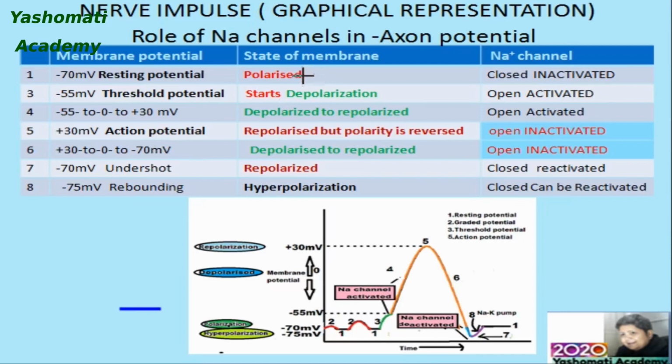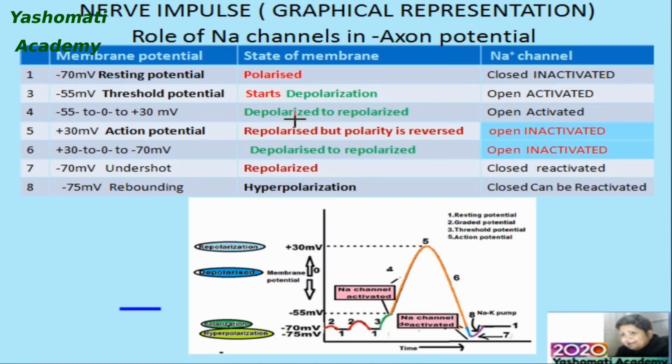Now we should also study what polarized means. A polarized membrane means there is a difference in the charges on the outside and inside. During the process of conduction of the nerve impulse, we will see that the membrane gets depolarized, and due to depolarization the potential will go up to 0, and then it starts getting repolarized. That means the charges again start developing.